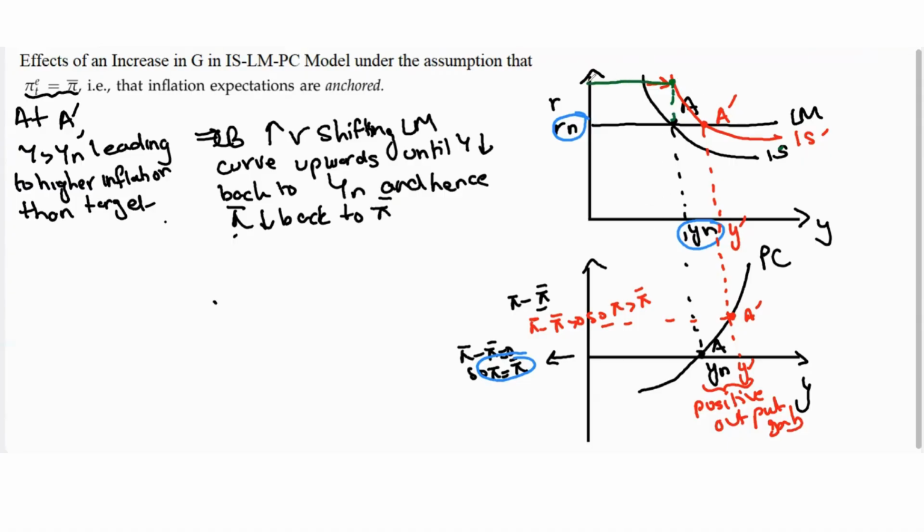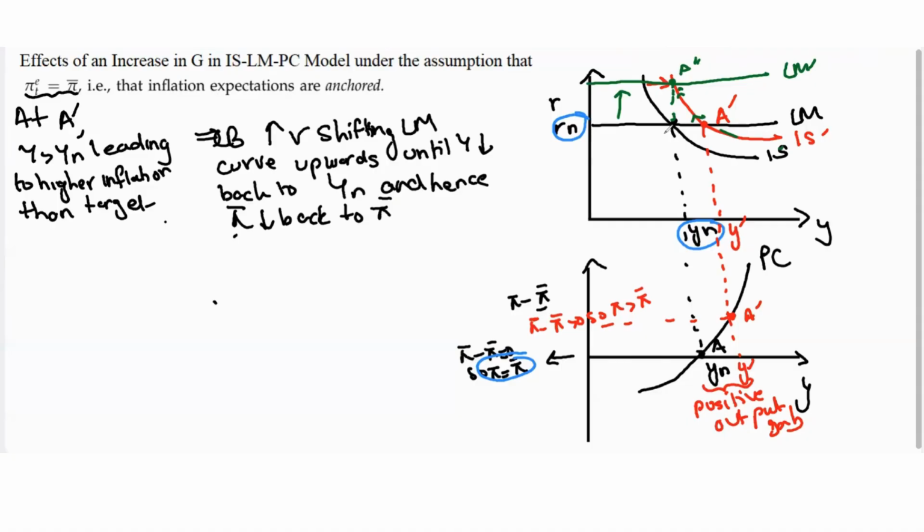So this is what the central bank is going to do. It's going to shift LM up this much so that the new IS curve intersects the new LM curve at this point, at A double prime. Let me clear up a couple of things here.